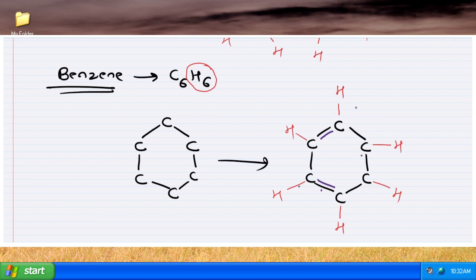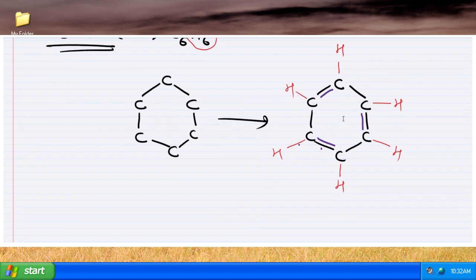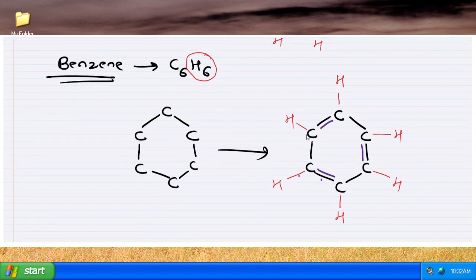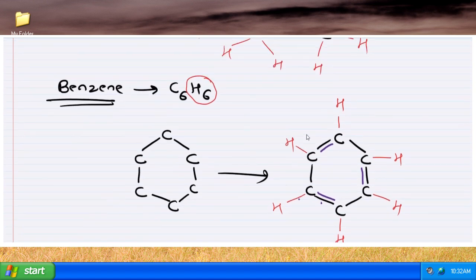Then here. So in this way you will get alternating double bonds. So this is an unsaturated carbon compound, which you can see is a cyclic carbon compound, not a straight one.